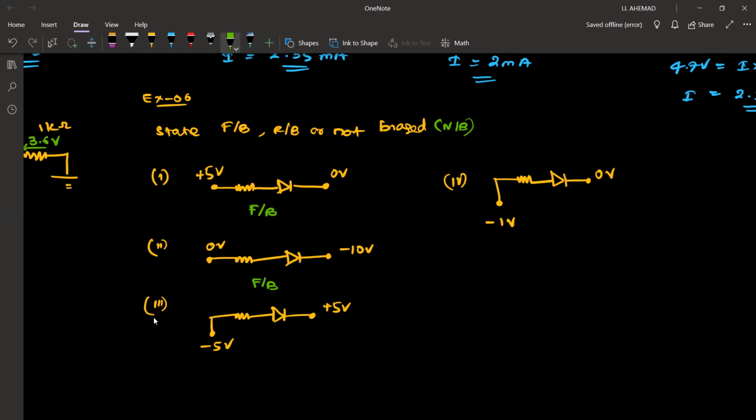And the third one, it is not biased. And the fourth one, here you have 0, here you have minus 1. Current will try to flow in this direction, but this diode won't allow it because it is reverse biased. Is everyone clear with that?